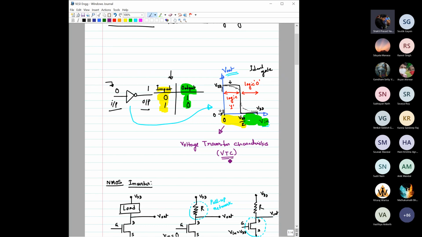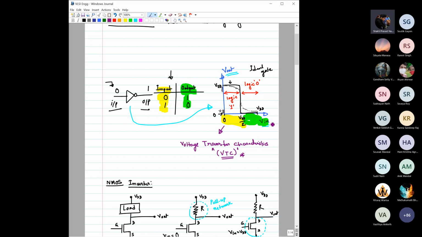Please note this term, because in this course we will be using it again and again. Even in the question paper, you might see the term written like that, VTC. You should understand VTC stands for voltage transfer characteristics.